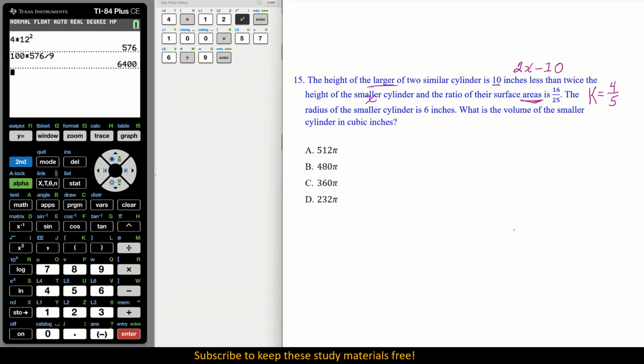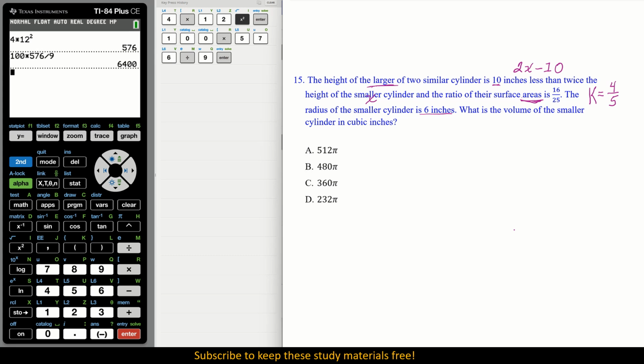Okay, now the radius of the smaller cylinder is 6 inches. What is the volume of the smaller cylinder? Okay, so first they want us to get the height of the smaller one. And then we use that height to apply to the volume formula to find the volume. Okay, so we've got 2 calculations that we need to deal with.